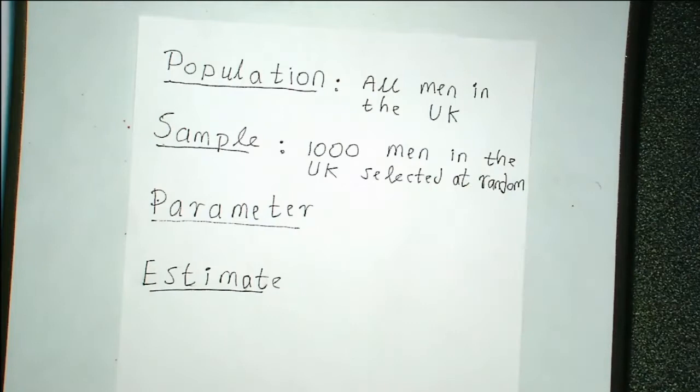So an example of a sample could be that, say, 1,000 men in the UK selected at random, right? That could be a sample because a number of 1,000 is manageable.